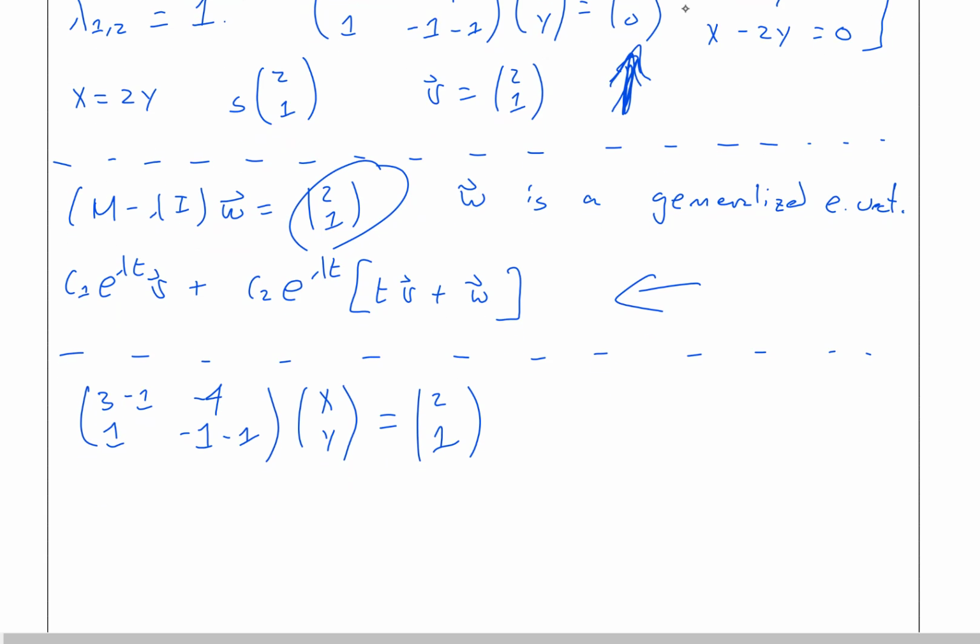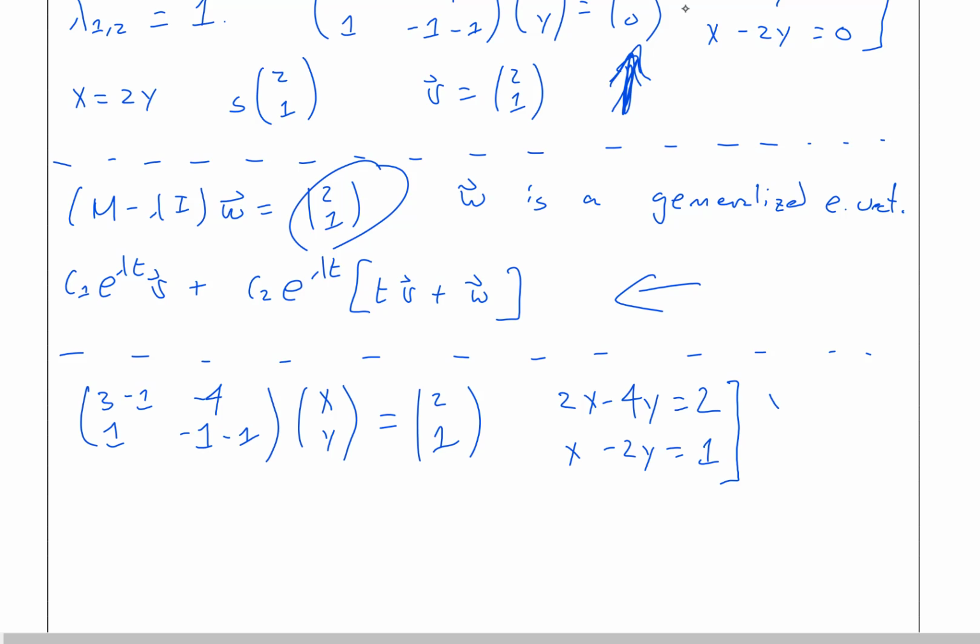Notice the top equation reads 2x minus 4y equals 2, and the bottom equation reads x minus 2y equals 1. Again, notice that the equations are multiples of each other.